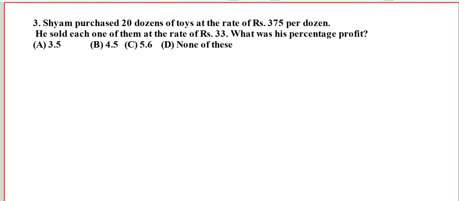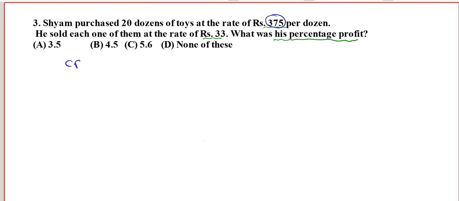Now, let us see this next question. Sham purchased 20 dozens of toys at a rate of 375 rupees for a dozen and he sold each one of them at 33 rupees. Then what is his percentage of profit? Firstly, you need to understand what we have been given. He purchased 20 dozens of toys at 375 rupees for one dozen.